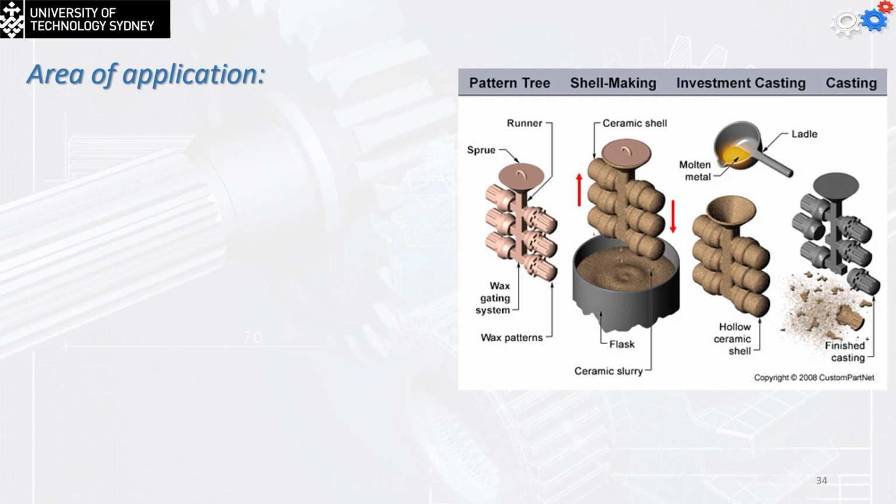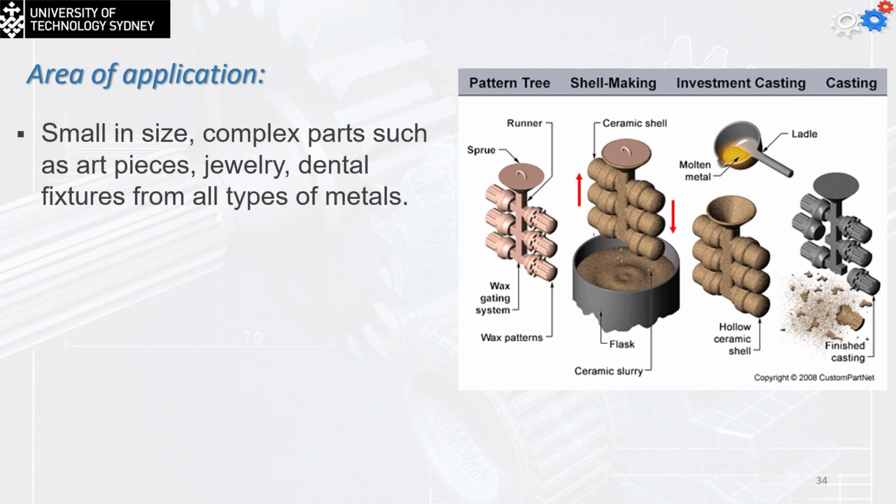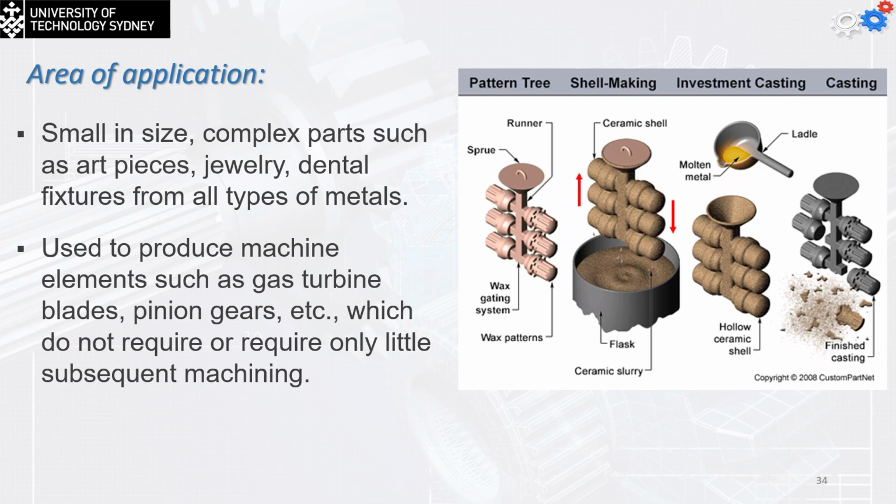Okay, so the areas of application are: first, small, complex parts such as art pieces, jewelry, and dental fixtures from all types of metals can be made. It is also used to produce machine elements such as gas turbine blades, pinion gears, and so on, which do not require or require only a little subsequent machining.